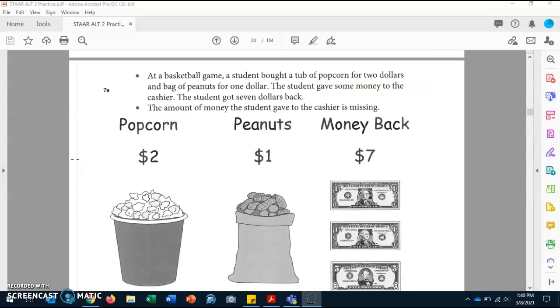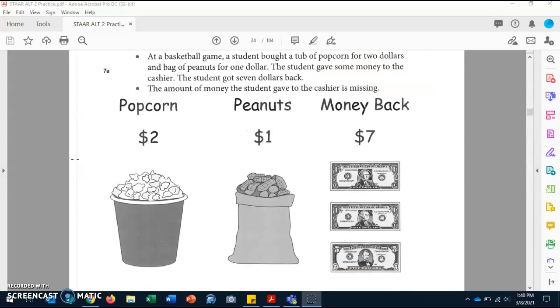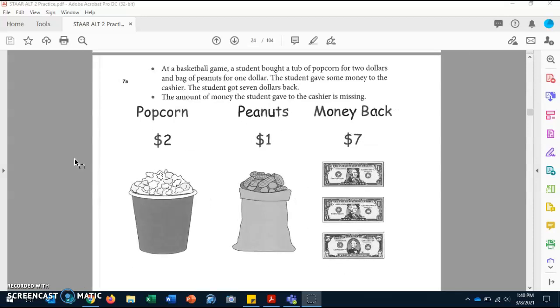So we are going to start here with algebra and question number 7A. Please go to this sheet so we can work on it together and you can follow along while I am reading.